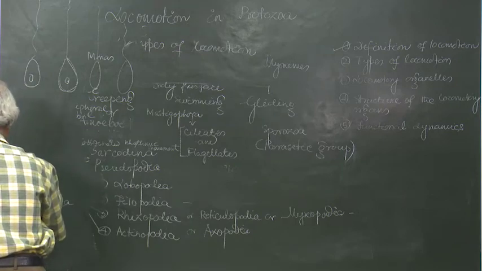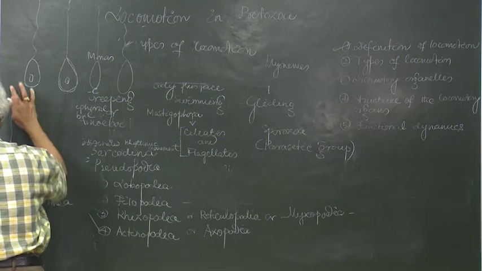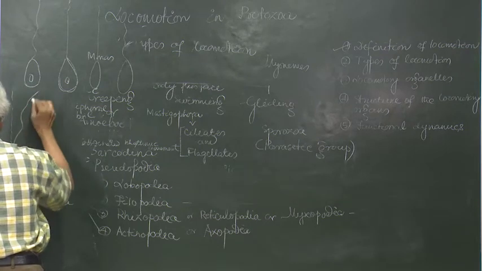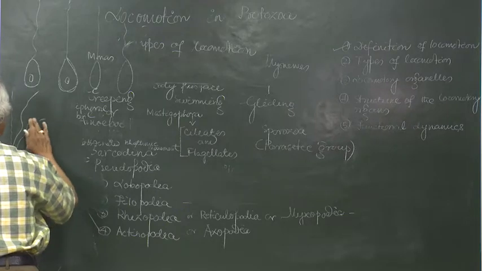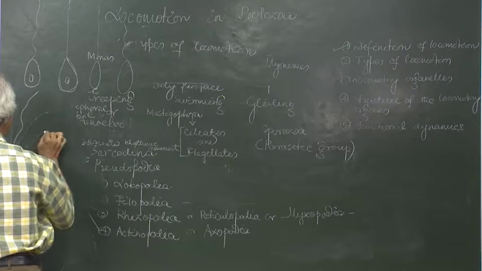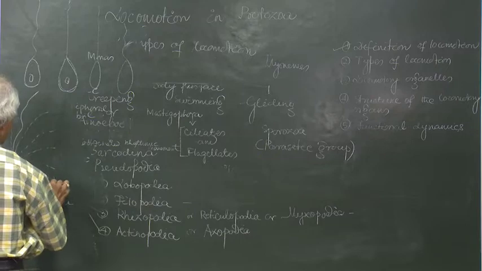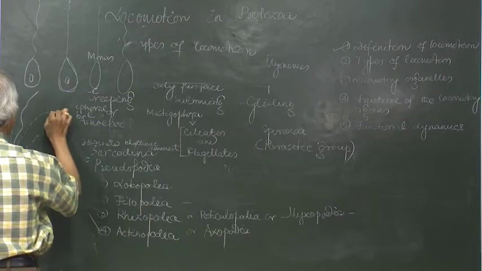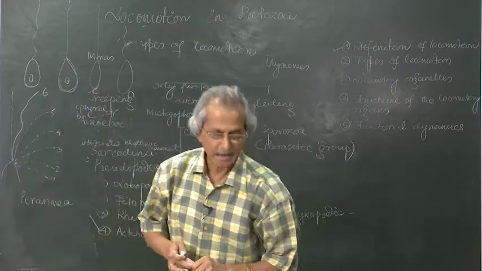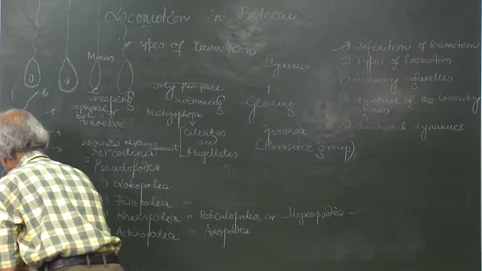Supposing this is the animal, so this particular stroke is known as the effective stroke. The animal starts movement means this is known as the effective stroke.